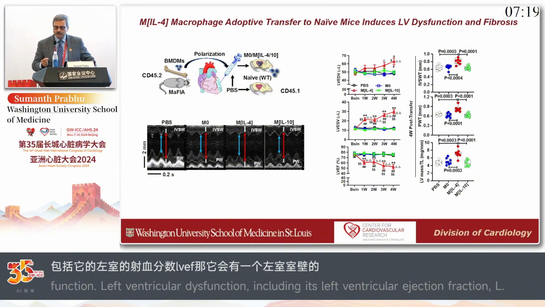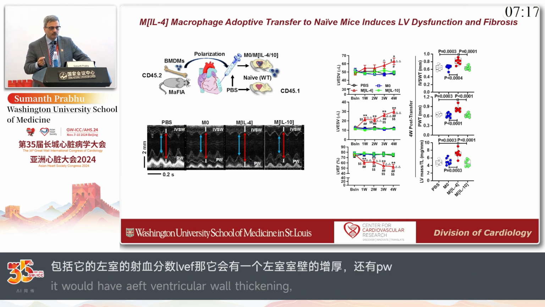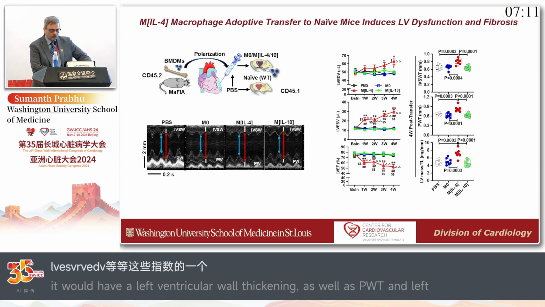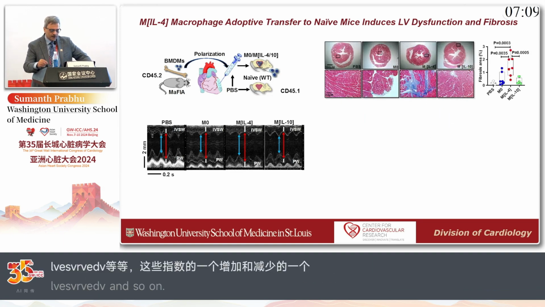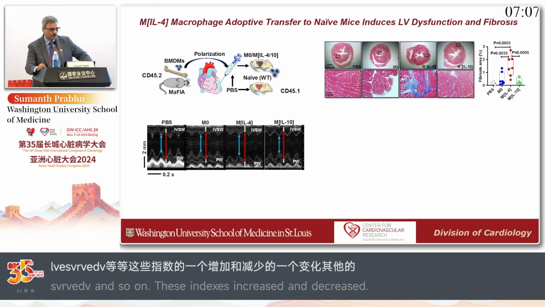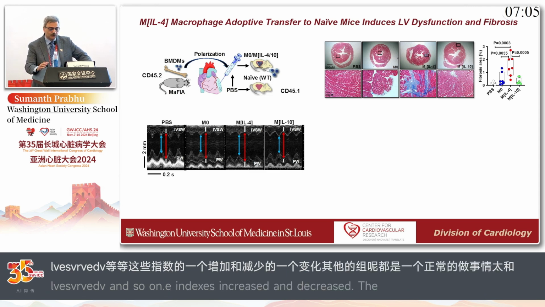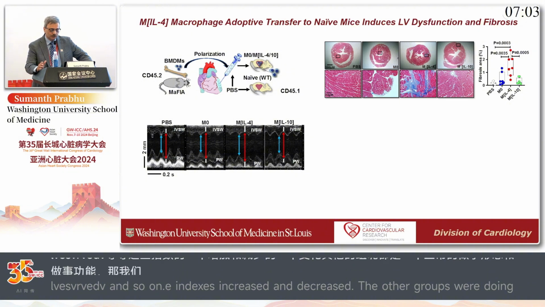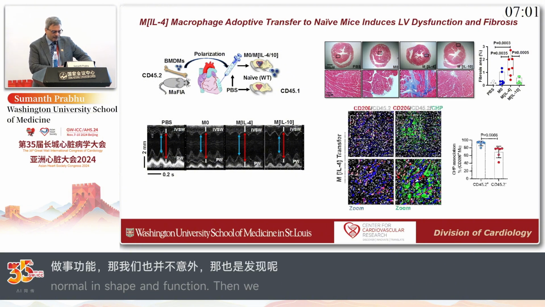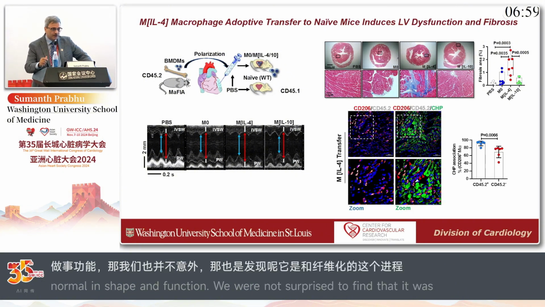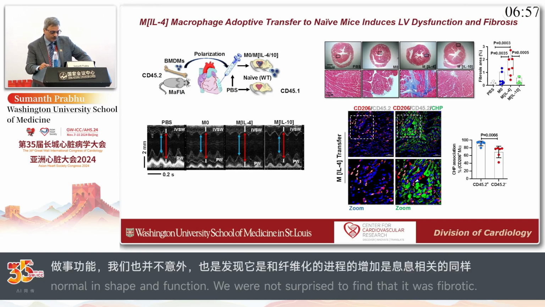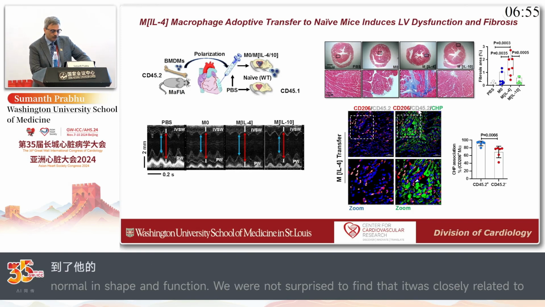So the adoptive transfer of MIL4 macrophages induces a phenotype of LV remodeling in previously normal mice. And if you look at the histology, this, not to our surprise, was also accompanied by an increase in fibrosis and an increase in transferred cells marked by CD45.2.